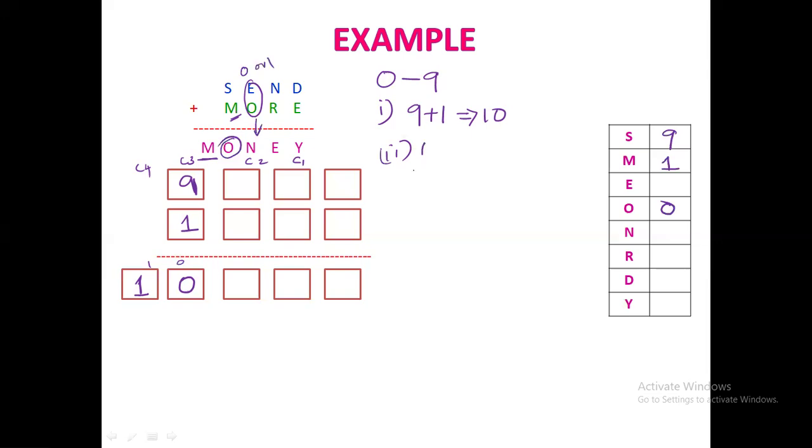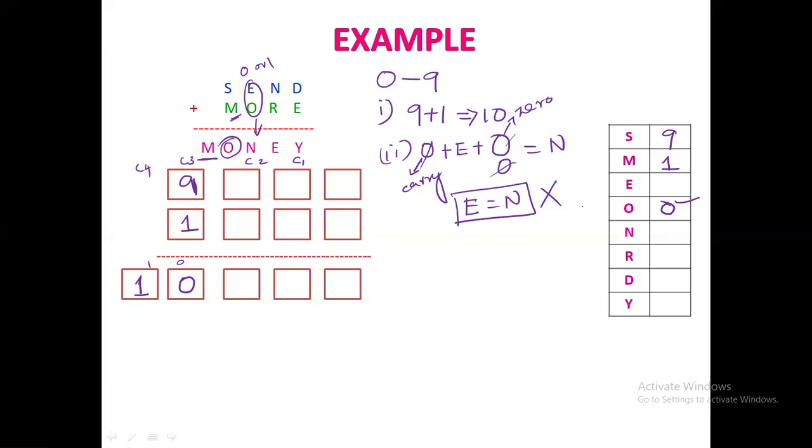Let me consider the first carry as 0. So 0 plus E plus O, and what is the O value? The equivalent value is 0, which is equal to N. So if we substitute O as 0, these two get cancelled, but we are getting E is equal to N. Is it possible for both values to be equal? It should not be the case. So we have to remove this.